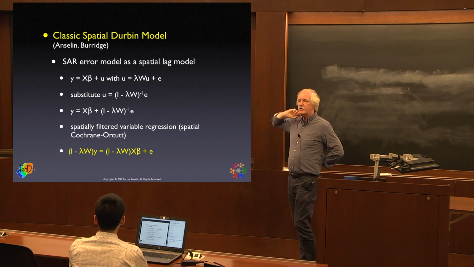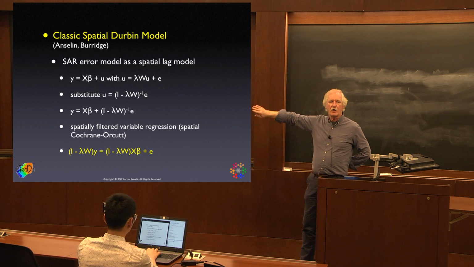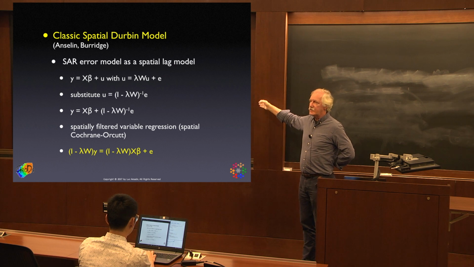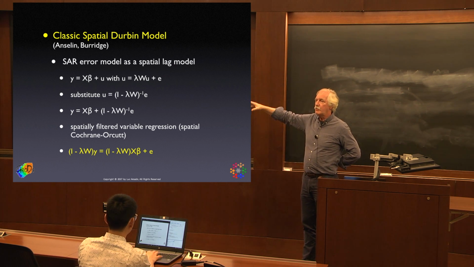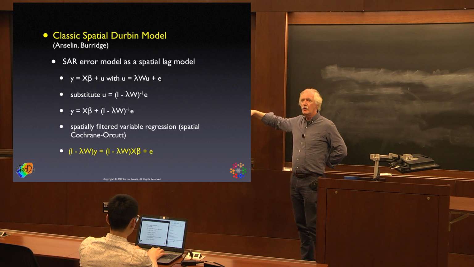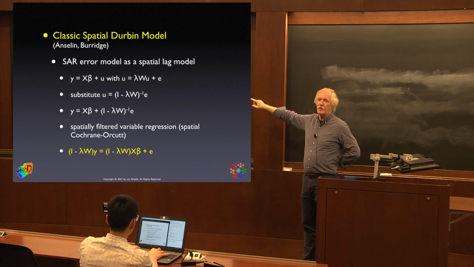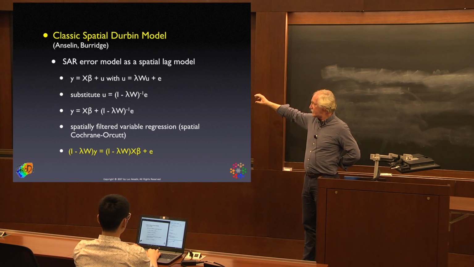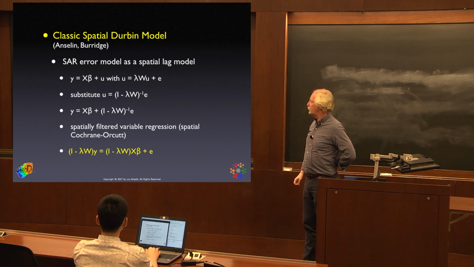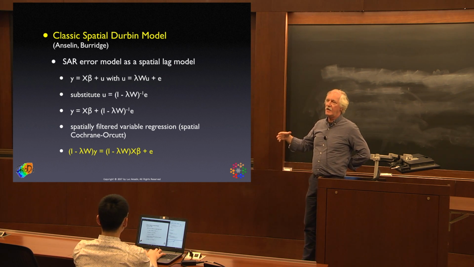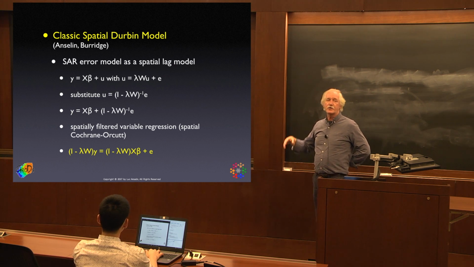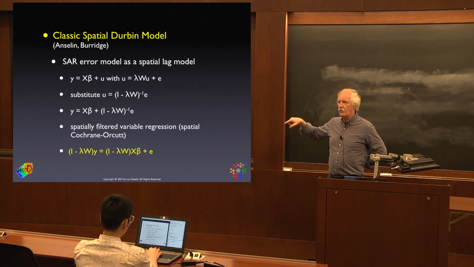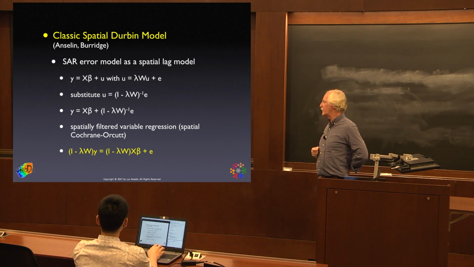the e one. So this is what I meant by pushing the model further and further. So u is spatially correlated, e is not. So after you put in the model for u, this e error term is not spatially correlated. So we take this expression for u and we plug it back into the model, right? So then we have y is x beta plus an error term, and the error term is this autoregressive one, which we have solved out by means of the inverse of the matrix.